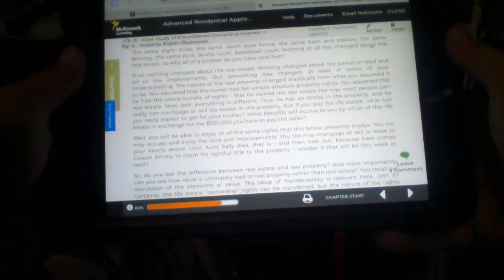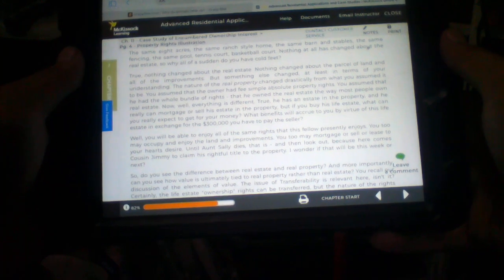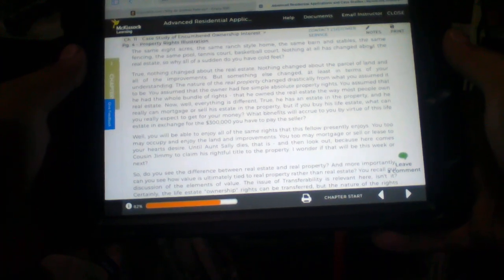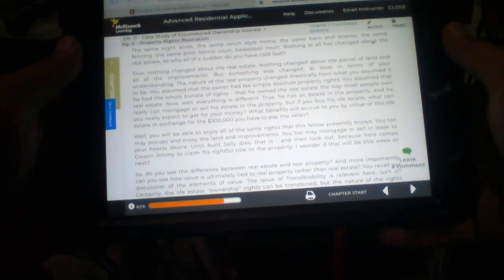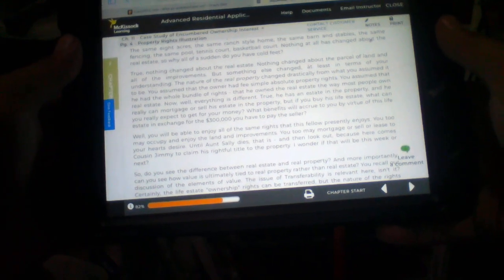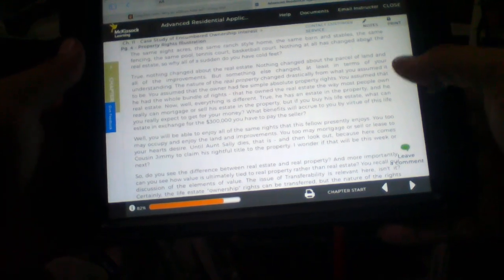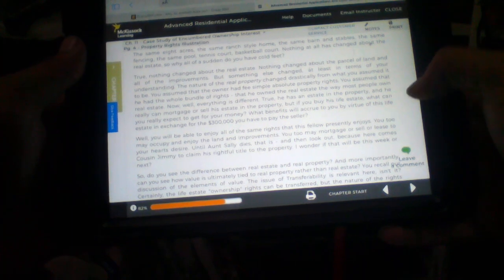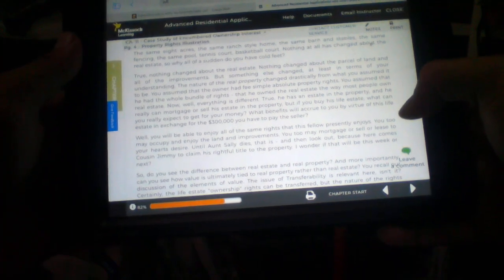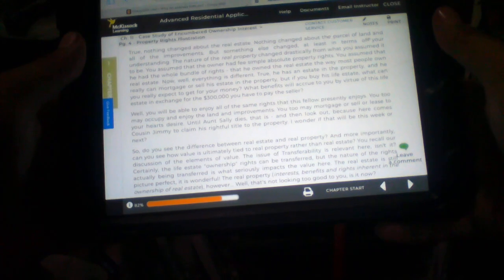The same 8 acres, the same ranch-style home, the same barn and stables, the same fencing, the same pool, tennis court, basketball court. Nothing at all has changed about the real estate. So, why all of a sudden do you have cold feet? True, nothing changed about the real estate.